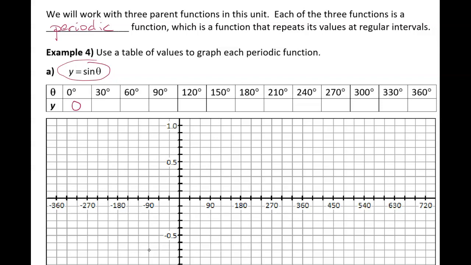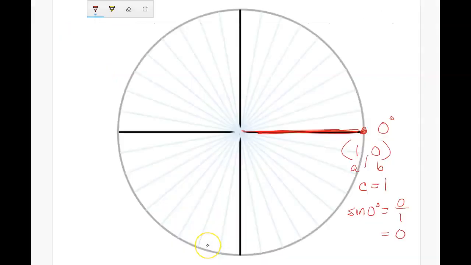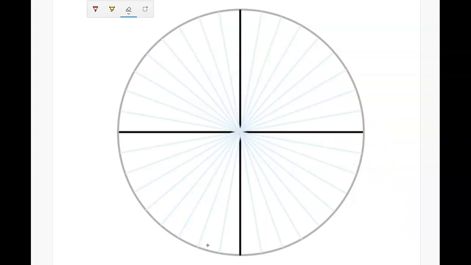Okay, now let's look at 30 degrees. We can go back to our angle template here, and we can sketch a 30-degree angle. You don't really need a circle to sketch this, but you can utilize one if you wish. You just really need to draw a triangle.